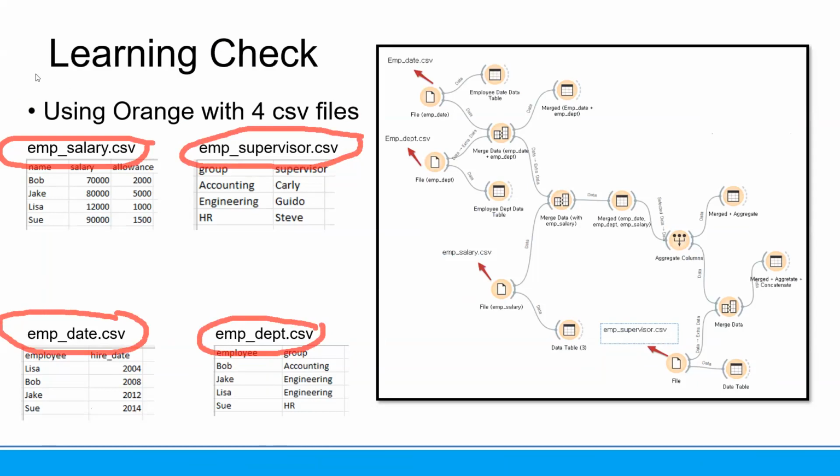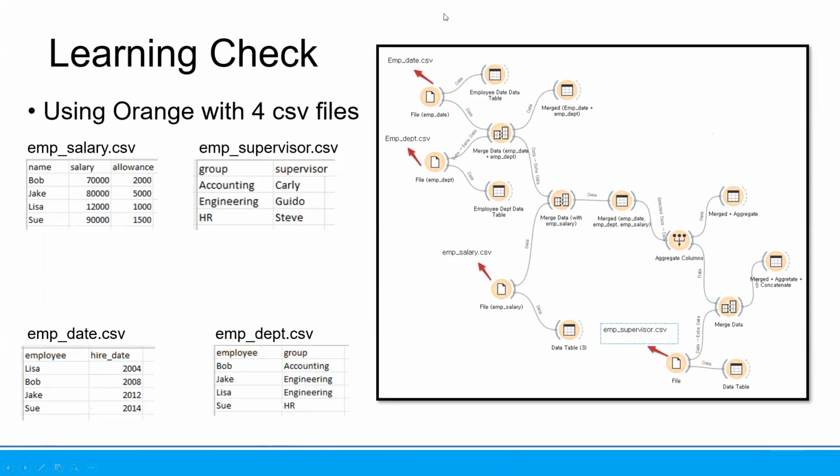Okay. So in the employee salary, we have the names Bob, Jake, Lisa, and Sue. And the salary is this one, this, and this. And there is an allowance, this one, this one, this one, and this one.